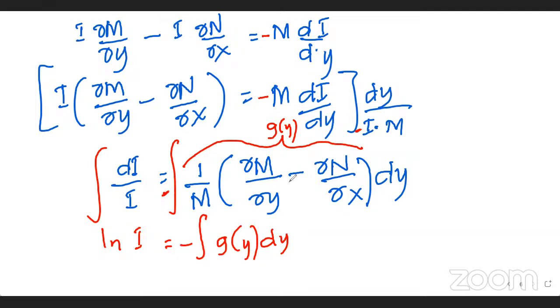Okay? So, kung napansin niyo, talagang we followed kung ano yung order ng pagkuha ng difference, di ba? Kasi magiging positive din naman ito kapag nauna yung partial of n with respect to x. So, kunyari, partial of n with respect to x minus partial of m with respect to y.